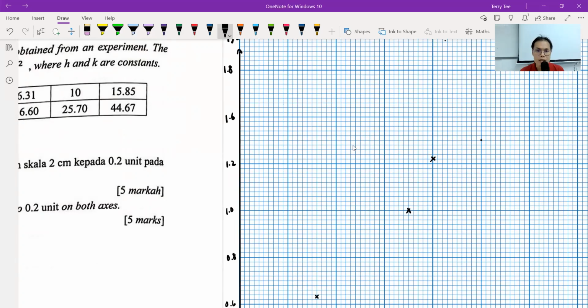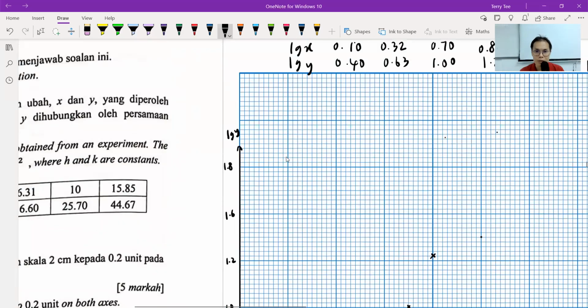Sorry, I think I missed out 1.4. I'm sorry, I missed out 1.4. Yeah, this is 1.4. This is 1.6. 1.8 is higher. So let's move this up a little. This one. Okay.